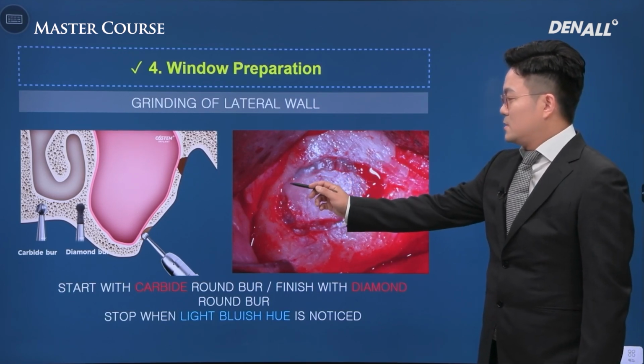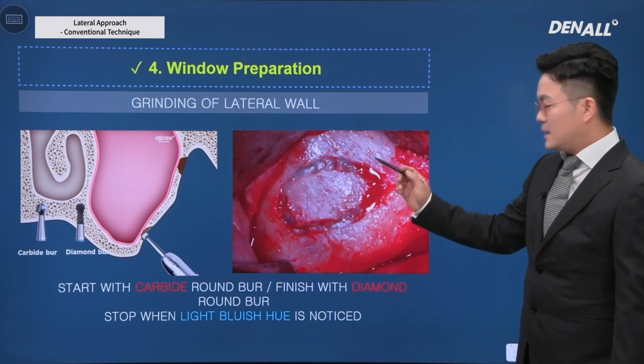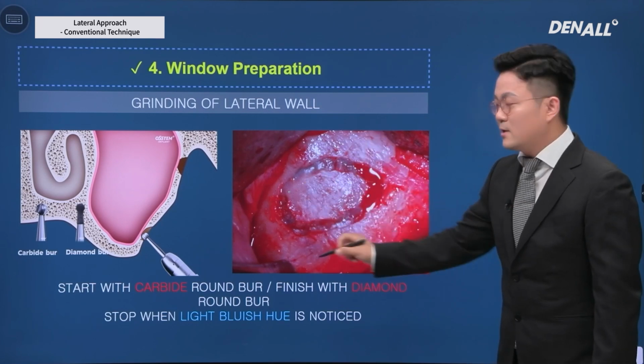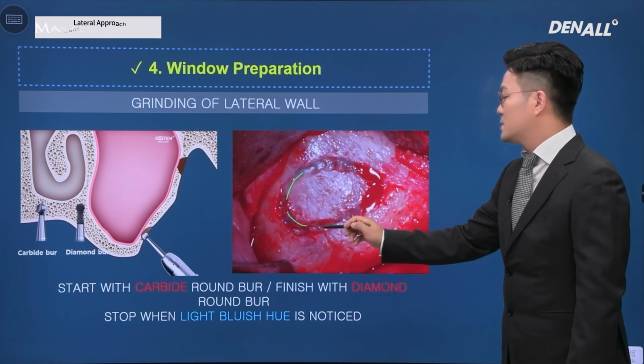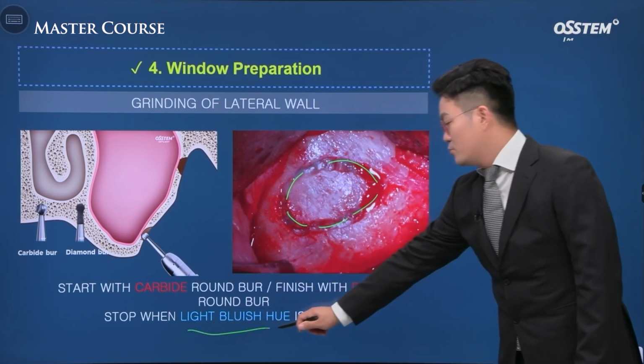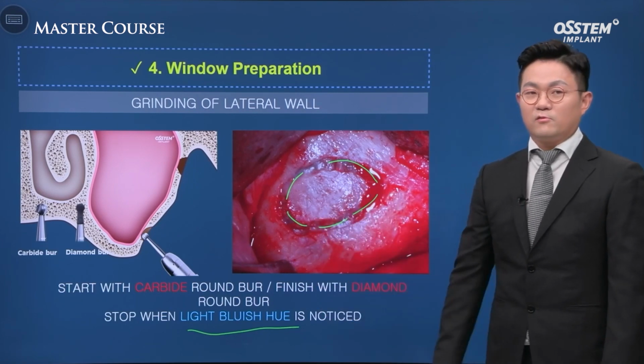And here, with the drill, the wall here, when you open it up, we have to be cautious, step by step, slowly. If you grind in slowly, then you see the light bluish hue, and that shows that there will be membrane here.